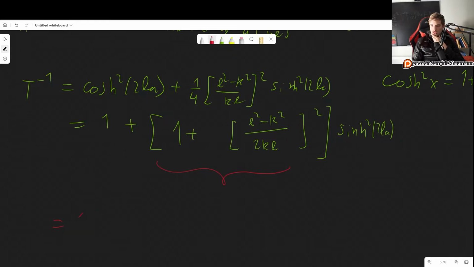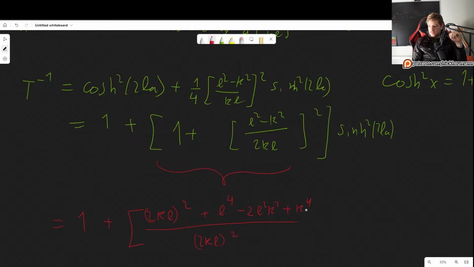So for that reason, we take 1 plus, and now let's take a common denominator. So we get 2KL squared, and let's expand this. So we get plus L to the 4th minus 2 times L squared K squared plus K to the 4th, all of this divided by 2KL squared.